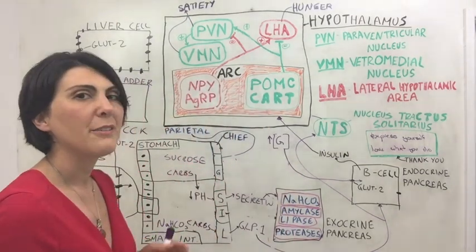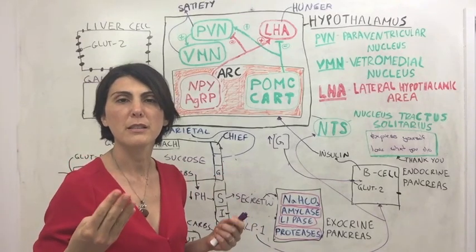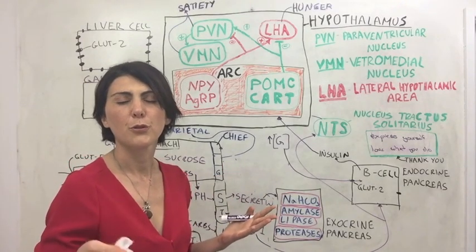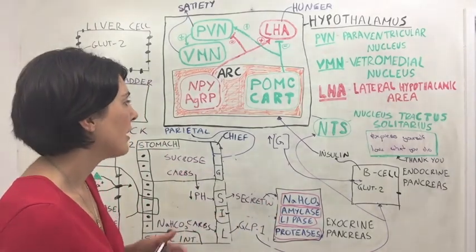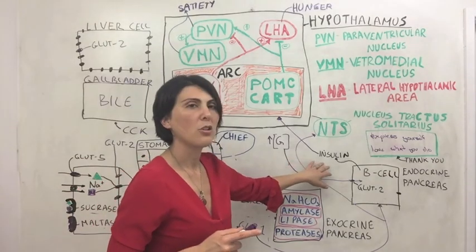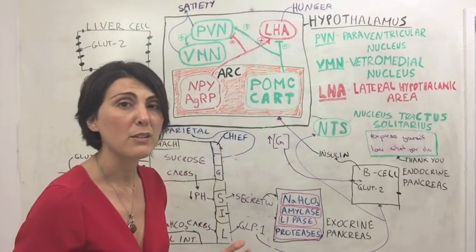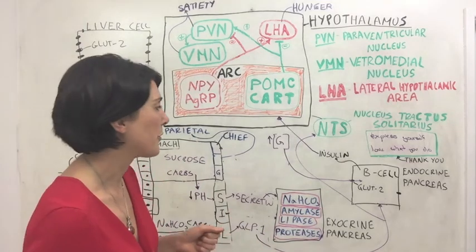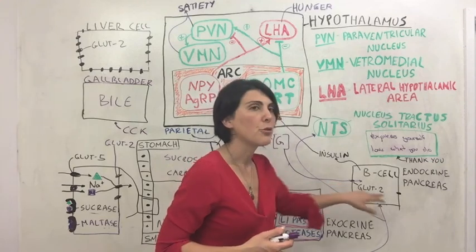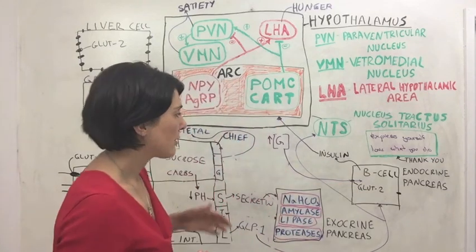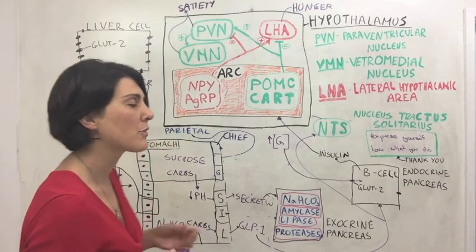Now, sucrose is made up of 50% glucose and 50% fructose. And so there's going to be half the glucose present. And so you're going to end up with a lot less insulin, because fructose doesn't cause as much of a release of insulin as does glucose. The reason is because there are not many GLUT2 transporters, and so fructose can't easily get into the beta cells.